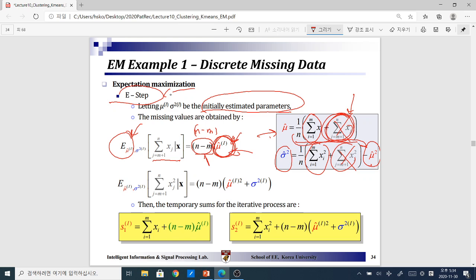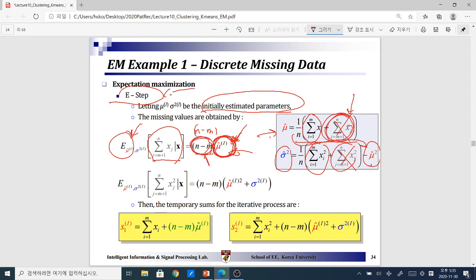That is, we can essentially estimate this value here, the sum of all these missing values, to be the product of the mean times those of the samples that belong to the missing values, which would be n minus m.